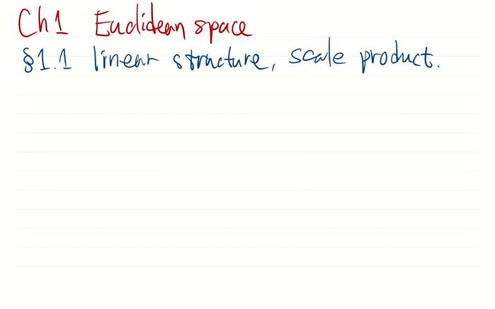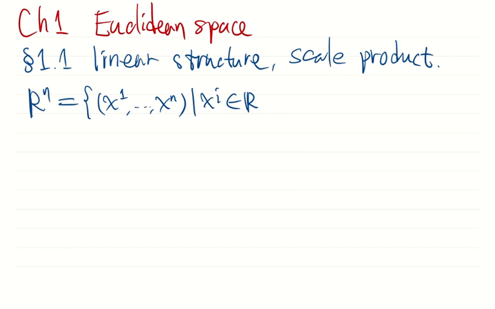So what's Rn? What's our Euclidean space? Firstly, we have a set Rn. Rn is a set consisting of ordered real numbers x1, ..., xn. These ordered real numbers are elements of Rn.